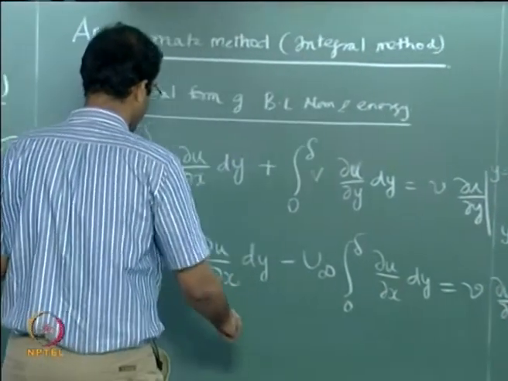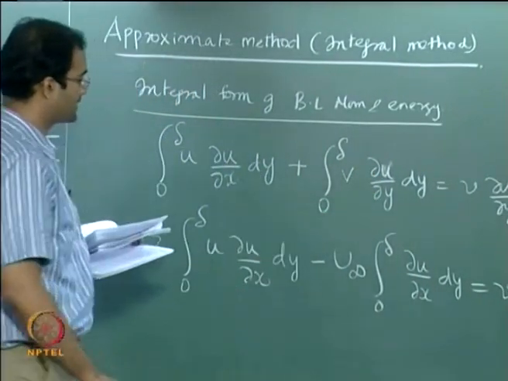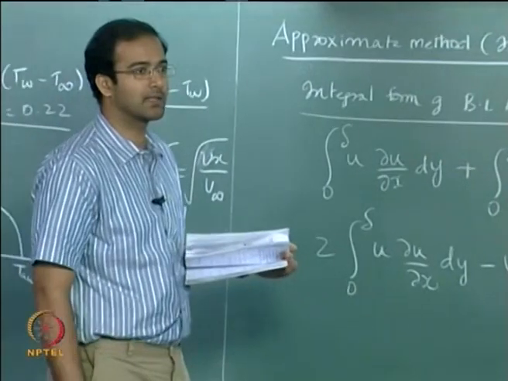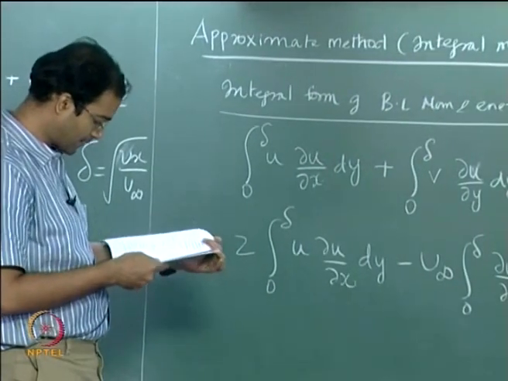Okay, so we arrived at this particular form for the entire left hand side after we used the continuity and integrated it out, and from here we are going to start now.